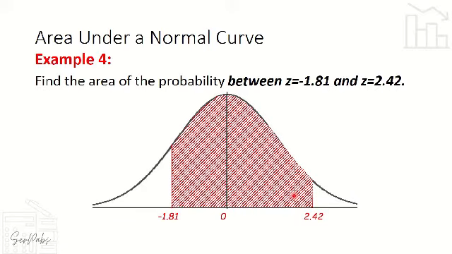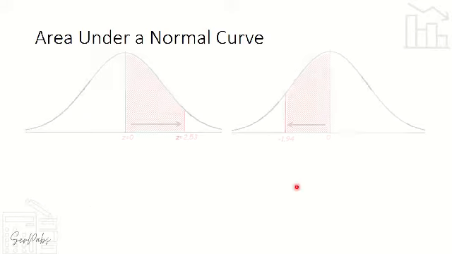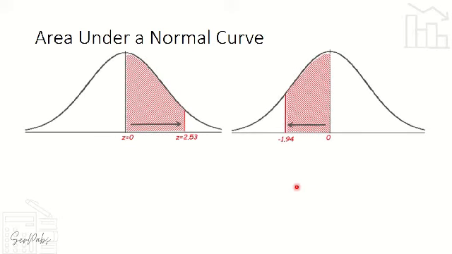So, dalawa ngayon yung Z-score natin. So, therefore, dalawang probability yung kukunin natin from our Z-score table. But before we go on with our Z-score table, let's compare again the graph of example number 4 to the previous examples. So we have the graph of example number 1. So we have a positive Z-score.